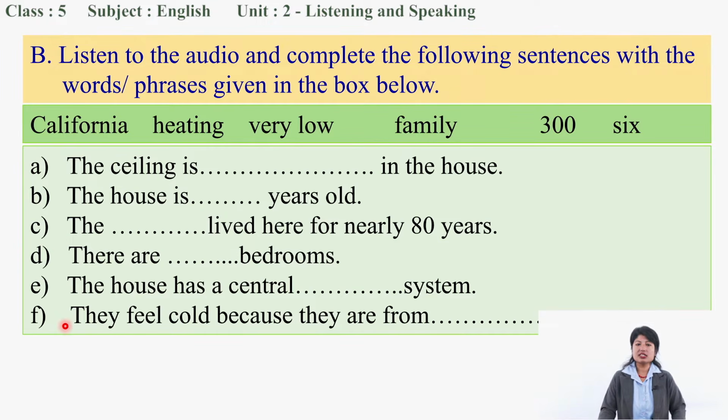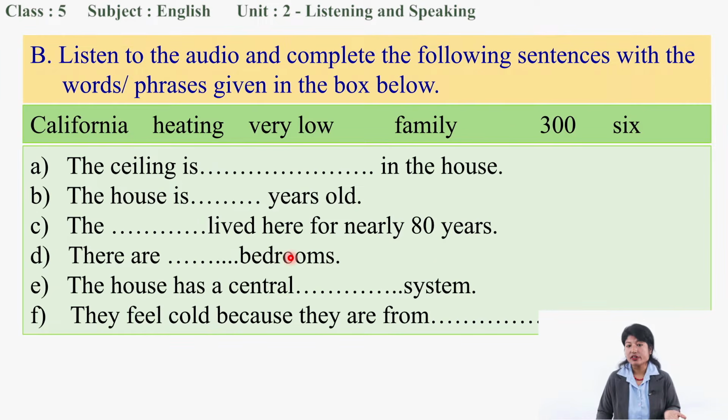So you have to fill these words in the blanks. A, the ceiling is blank in the house. How is the ceiling? Fill up over here. Then B, the house is blank years old. How many years old? C, the blank lived here for 80 years.